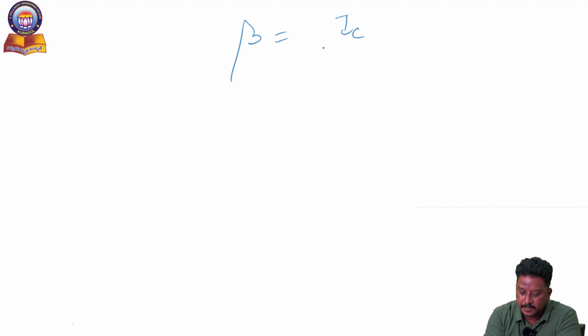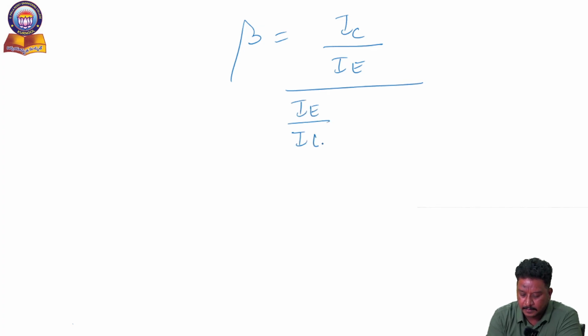So once again I am trying to highlight the importance of this. By dividing numerator and denominator, beta is equal to (IC by IE) by ((IE minus IC) by IE).